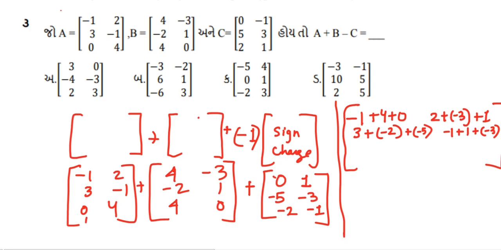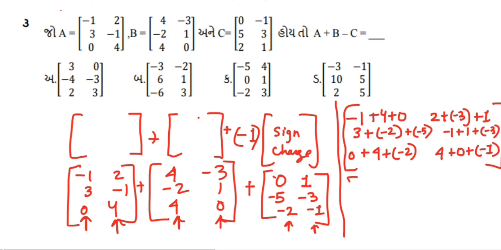I am taking this, this and this in the first row, then in the second row I am taking these. Similarly it will be 0 plus 4 plus -2, then next one will be 4 plus 0 plus -1.